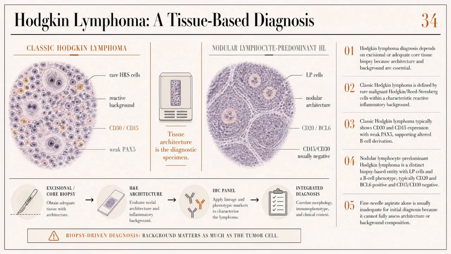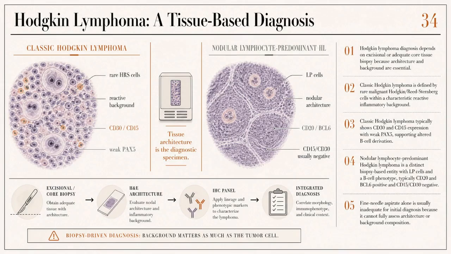Instead, it demands a carefully procured tissue biopsy, typically an excisional lymph node specimen, to allow comprehensive histologic evaluation and accurate subtype classification. This requirement aligns closely with our HTL 308 learning goals, emphasizing the importance of specimen triage, fixation protocols, and the preservation of tissue architecture to facilitate precise morphologic and immunophenotypic analyses.